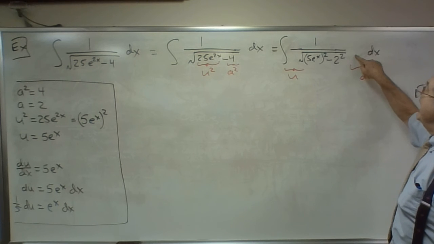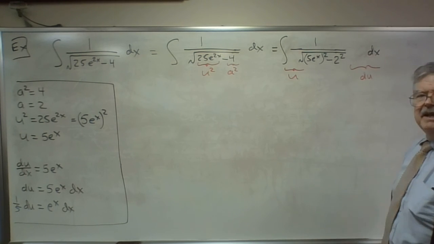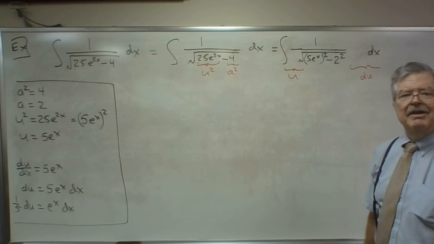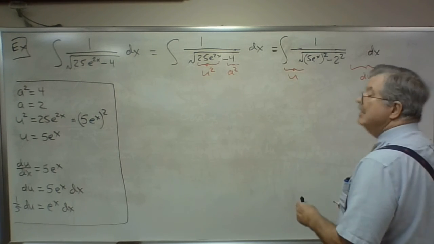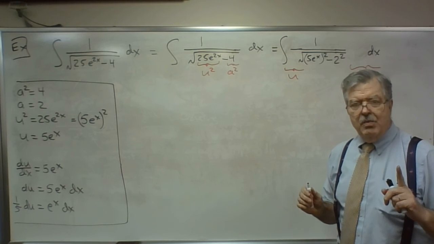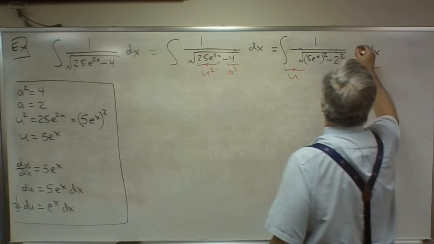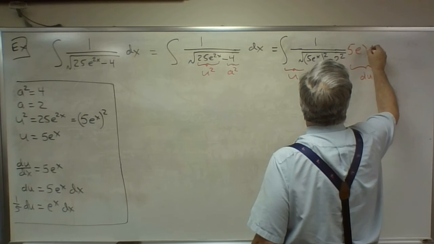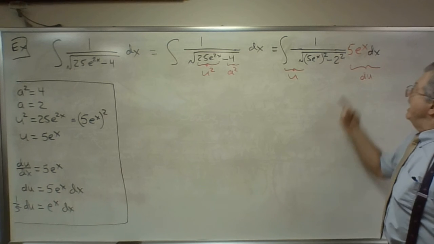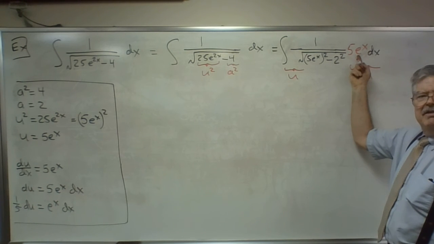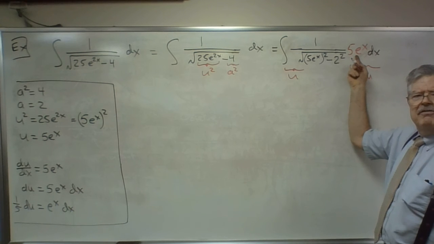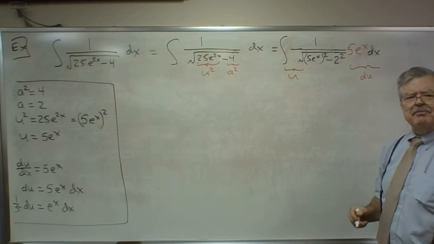I need 5 e to the x here, and I ain't got it. Let me just write down what I want. Hey, I can't just do that. I can't just stick a 5 e to the x in here. I can't multiply something by 5 e to the x.